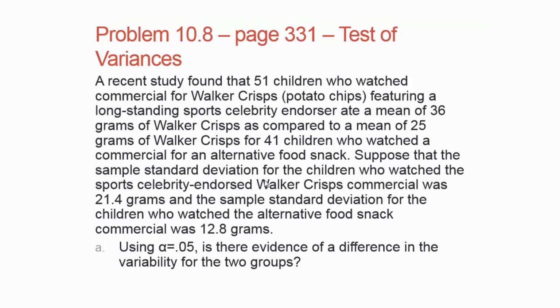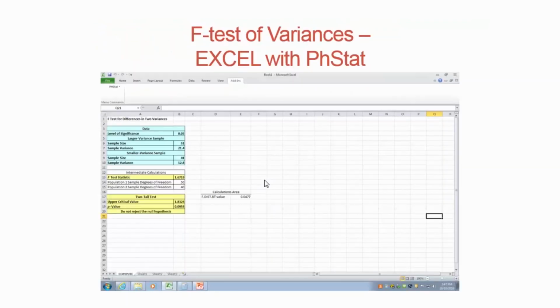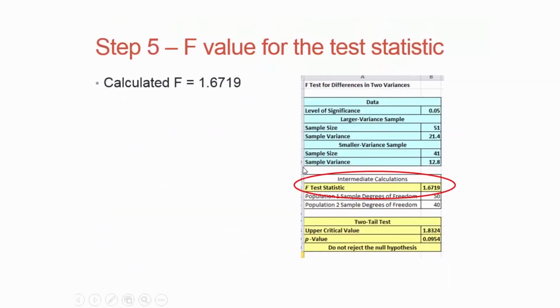And then, depending on the results, part B would say, well, let's look at the p-value for this particular problem too. Notice the p-value says right here 0.0954. So that means that if I were willing to use 90% confidence instead of 95, I could in fact reject the null.